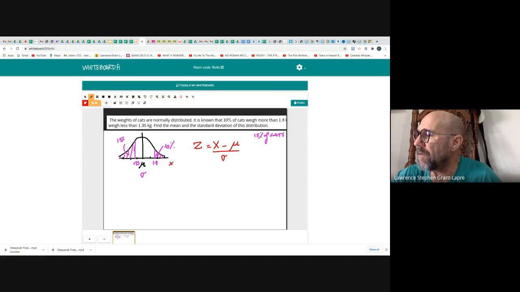This is the X value, 1.8, and that's the other X value, 1.35. But we've got to find the Z value for 1.8, and the Z value for 1.35.